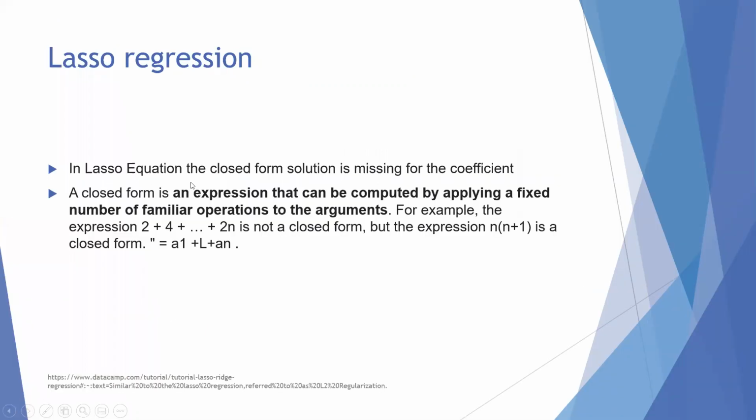In the lasso regression equation, the closed form of solution is missing for the coefficient. This is one of the distinguishing features of lasso regression from ridge regression: whenever we are calculating the coefficient, this closed form of solution is missing.